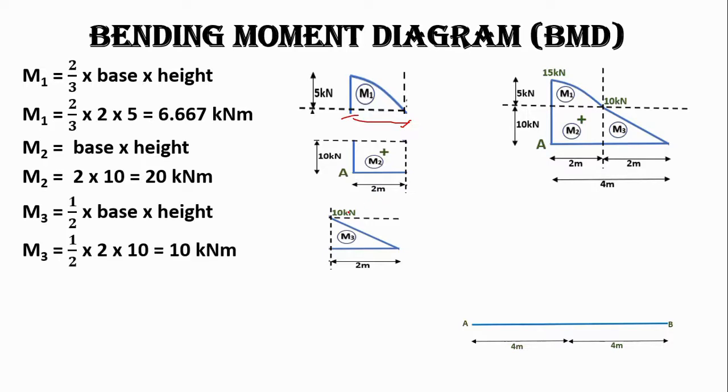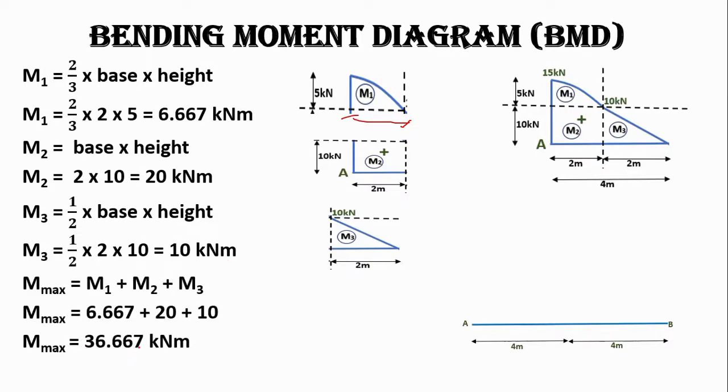The area of triangle is half base into height, so the moment will be 10 kilonewton meter. Now add all these 3 to get the maximum moment for this beam, which will be 36.667 kilonewton meter. Let's draw a bending moment diagram with maximum bending moment up to 4 meter, that is 36.667 kilonewton meters.